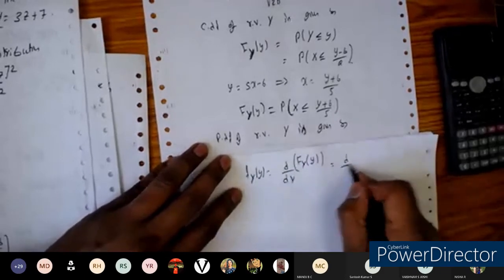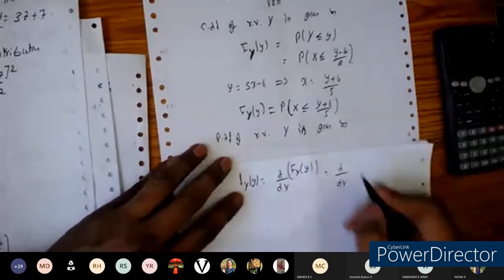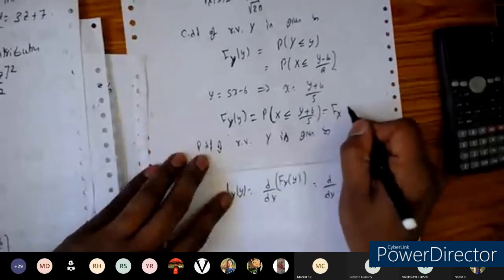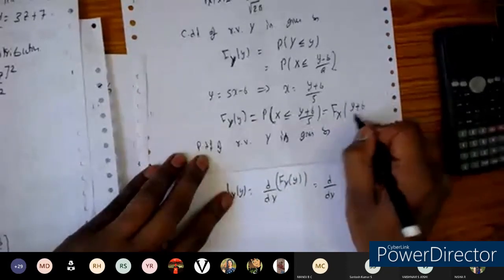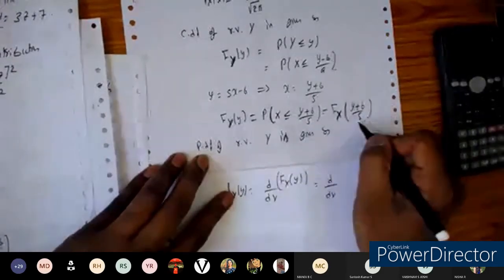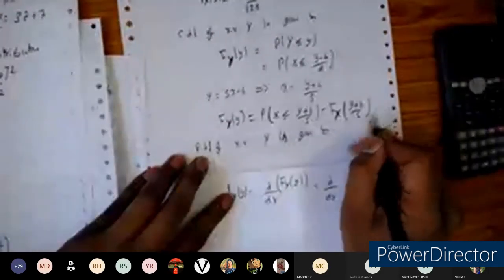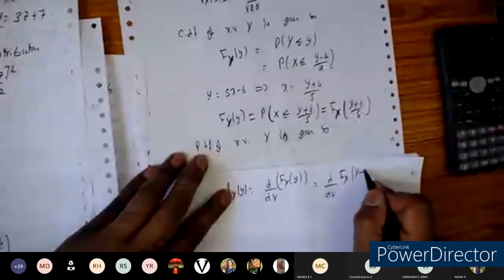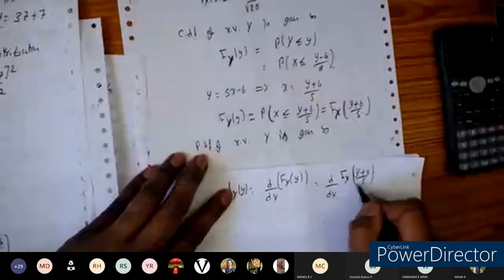So that is d by dy of the CDF. Sorry, I have to write one more step here. This is F_X of (y plus 6) divided by 5.